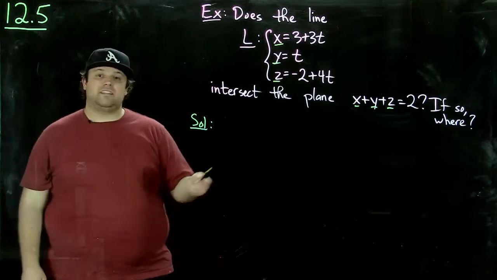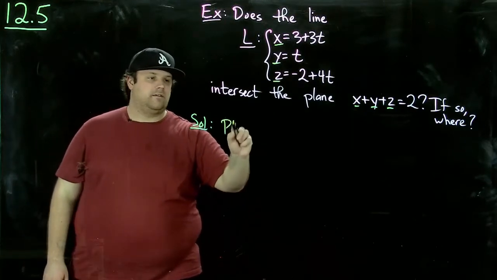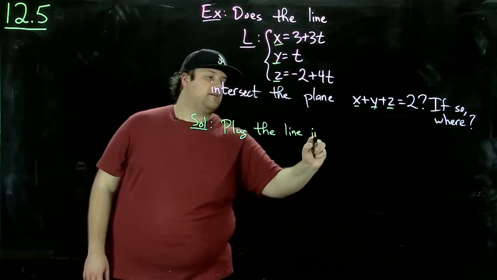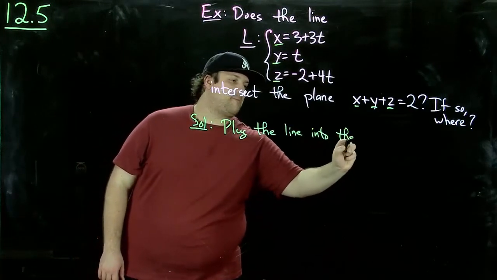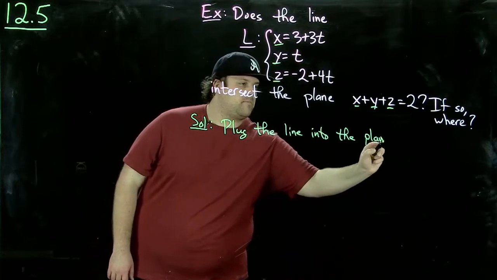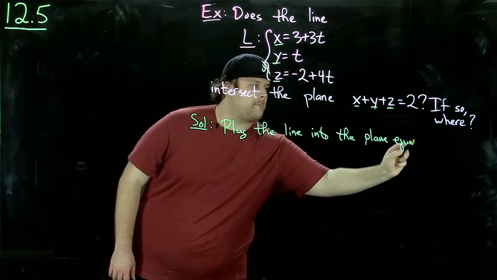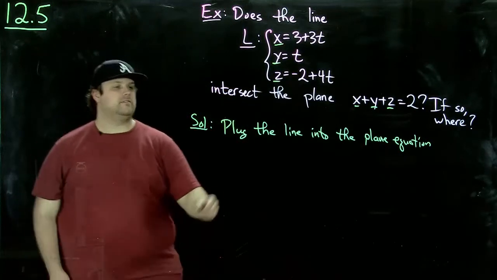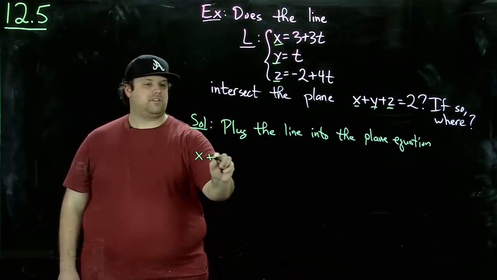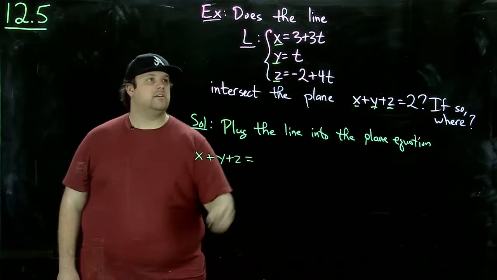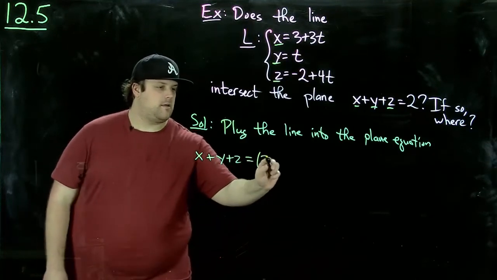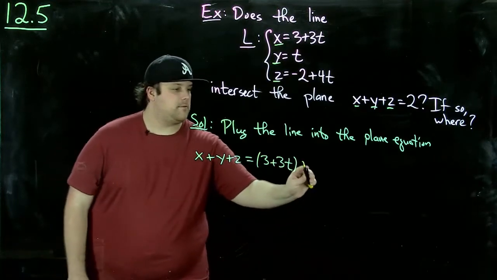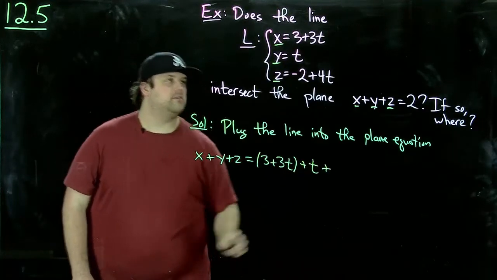Okay, so let's actually just plug the line into the plane equation. Well, x plus y plus z is 3 plus 3t, plus t for the y.